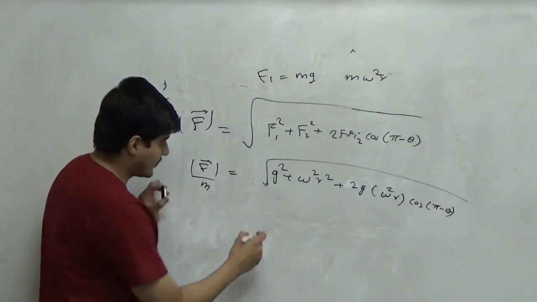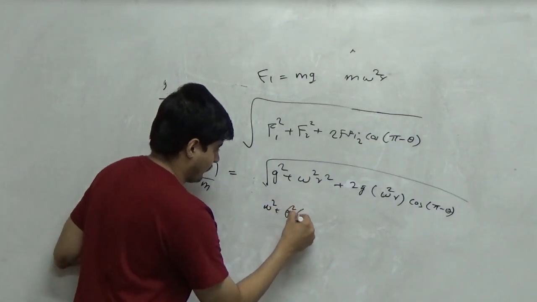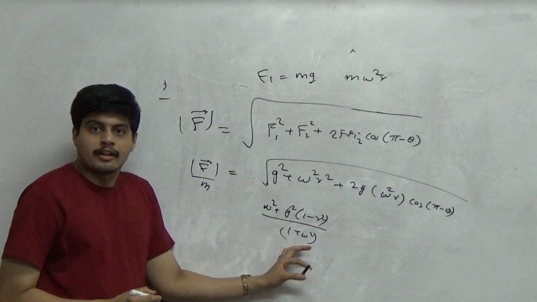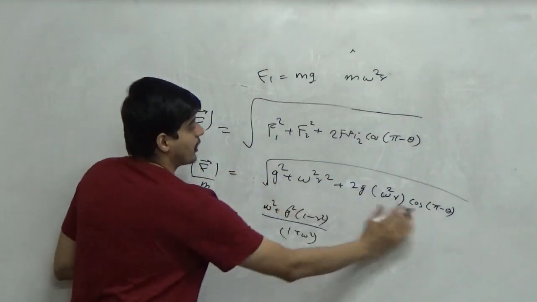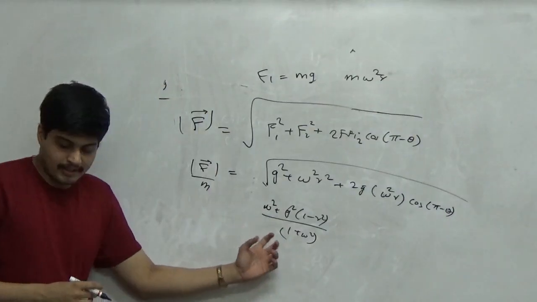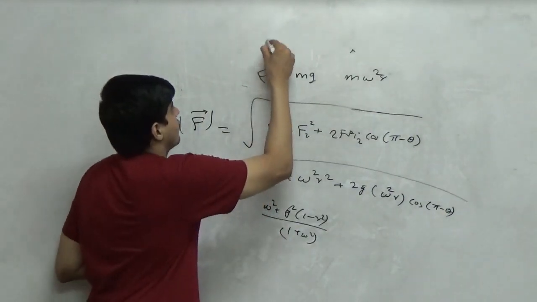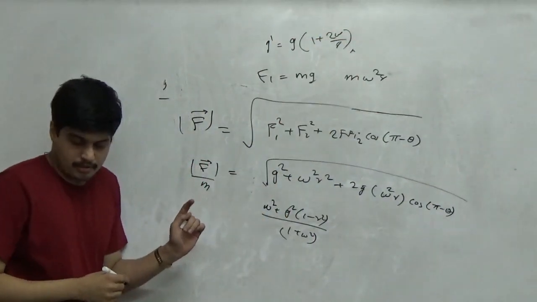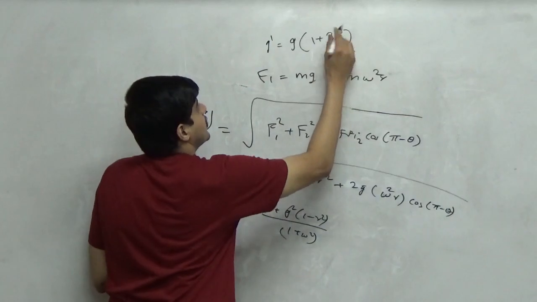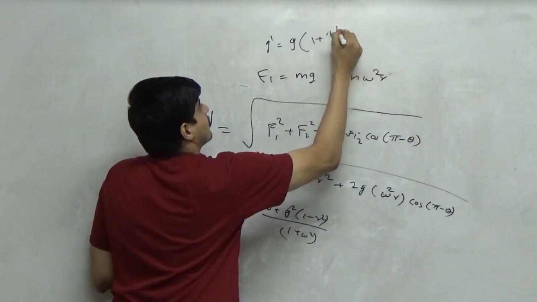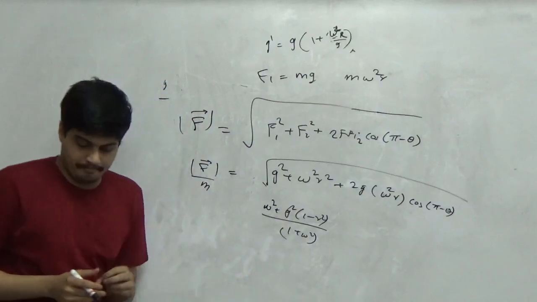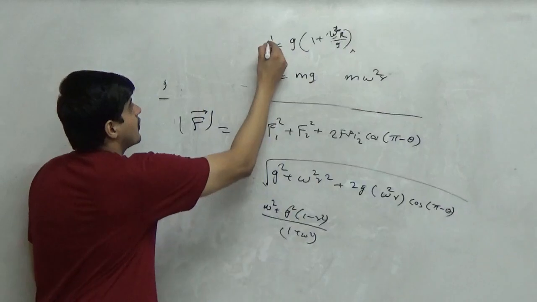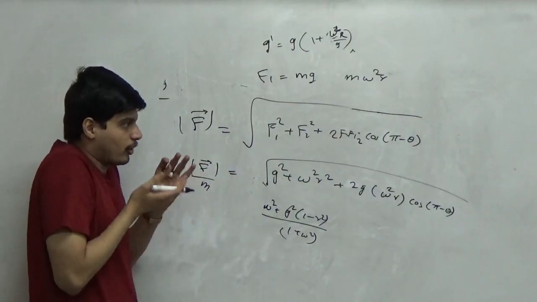So I can write this as the product of these two coming down together and giving me the final result as g1 plus omega square r upon g, right?